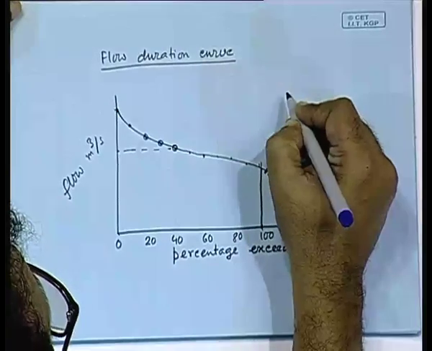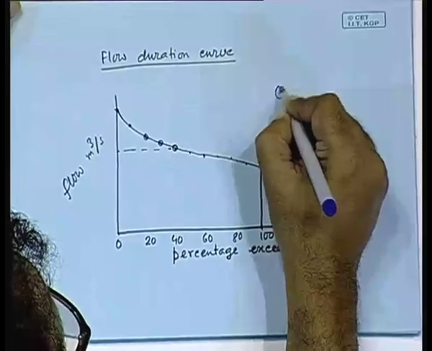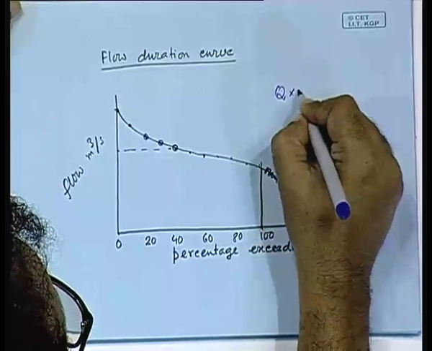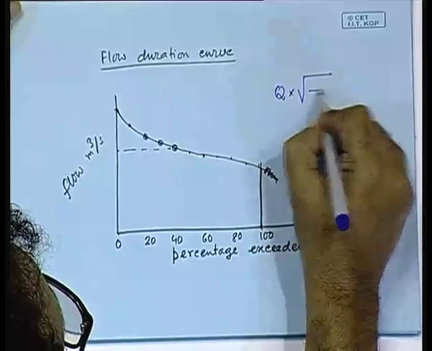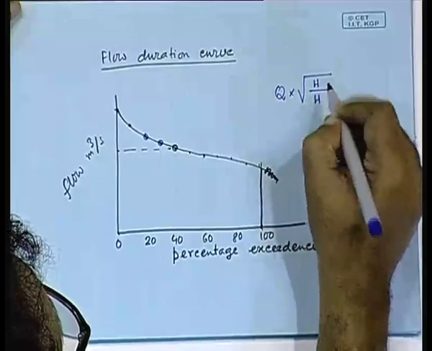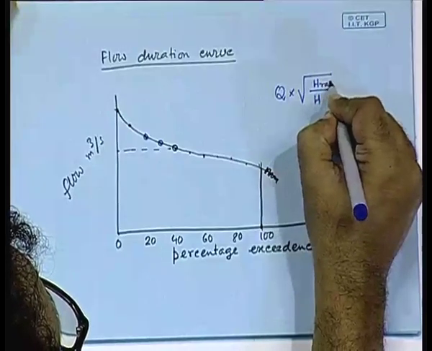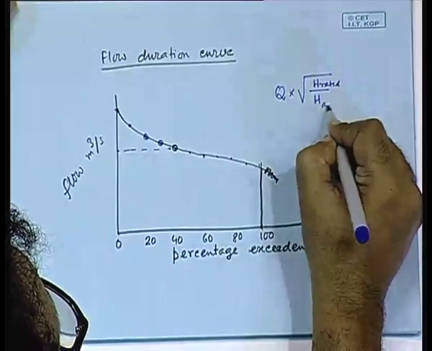Normally, it is given by the flow rate Q times the root of the one head by the other head. This is the rated, the actual.